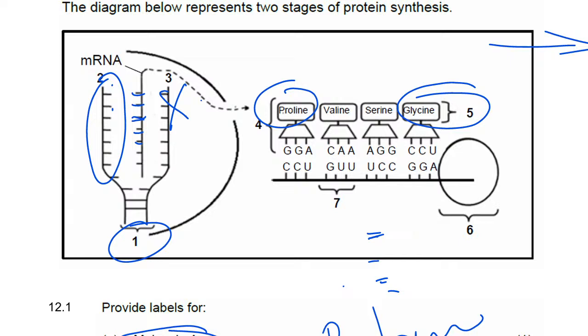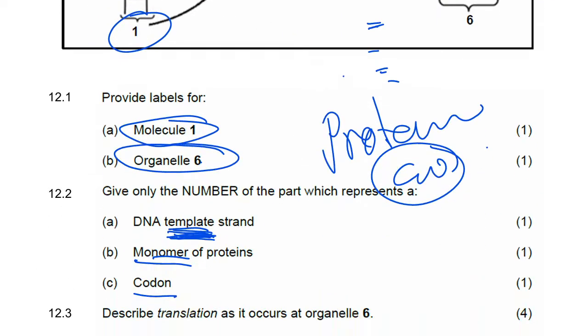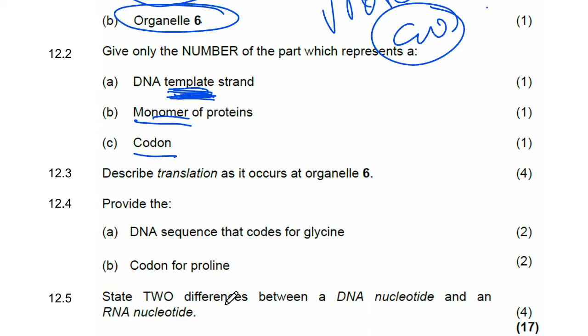So we go to the next question. What is it saying? Describe translation as it occurs on organelle 6. This is an open question whereby you just have to describe what happens on organelle 6.